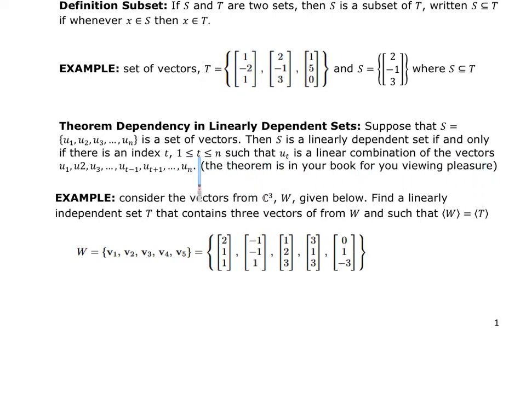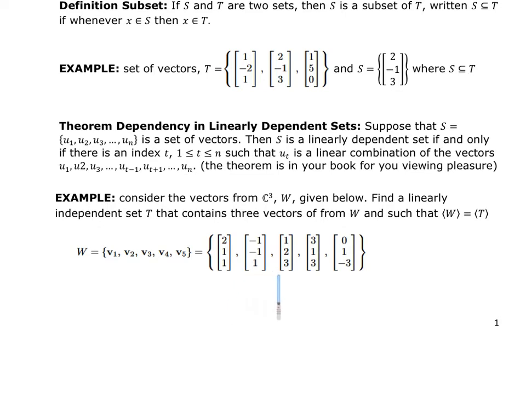Now this T is just some vector, not necessarily the last vector, but any vector beyond the first, so that I can make a linear combination of the vectors to equal this particular vector. So let's take a look at an example of what this theorem says. Basically, the result of this theorem says that we can whittle down our set of vectors to a smaller set, so we can find a subset that is linearly independent.